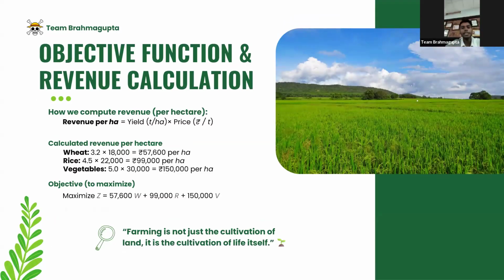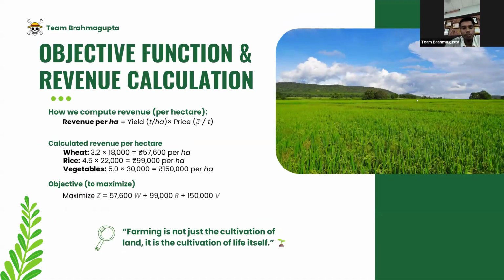Good morning and Jai Hind, everyone. I am Anshuman from Team Brahmagupta, and I am going to explain the objective function and revenue calculation for our project. We calculate revenue per hectare using the formula yield multiplied by the market price.